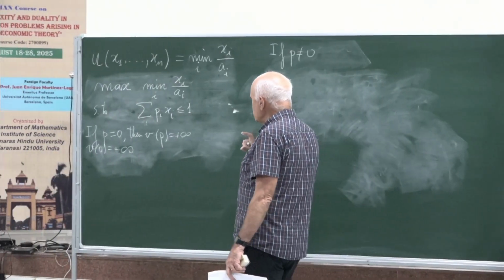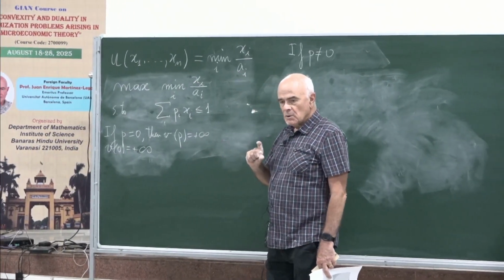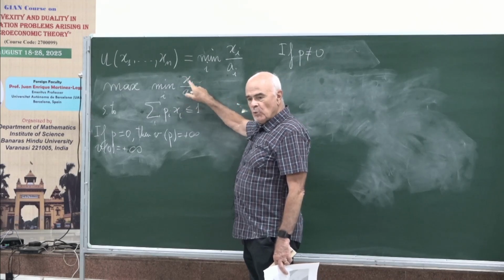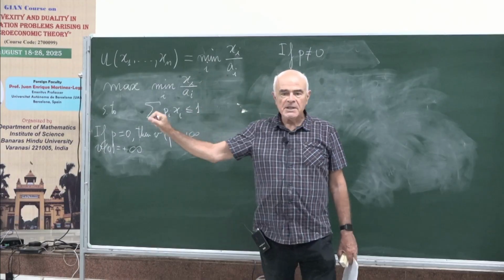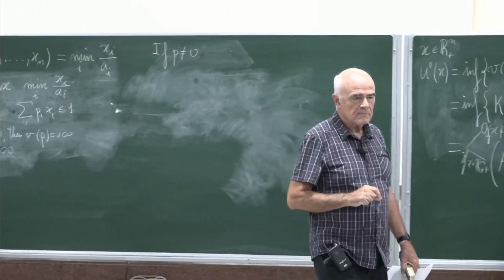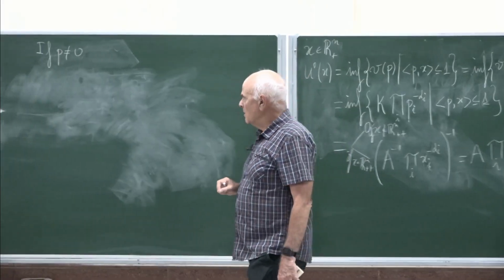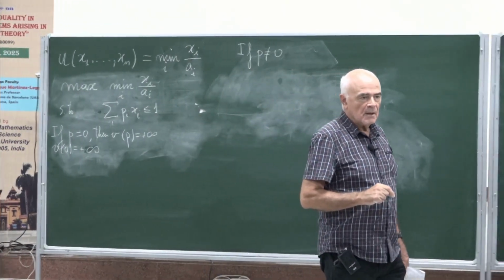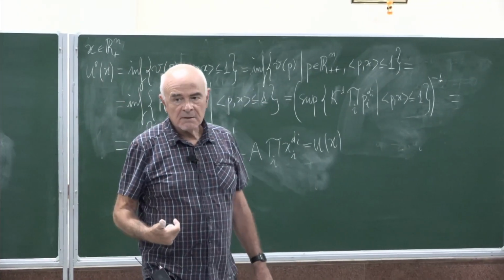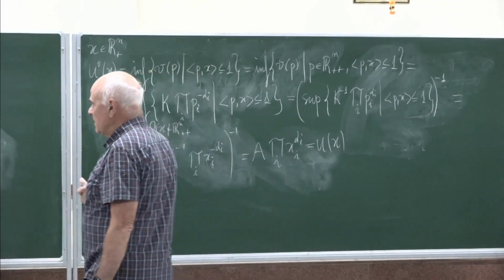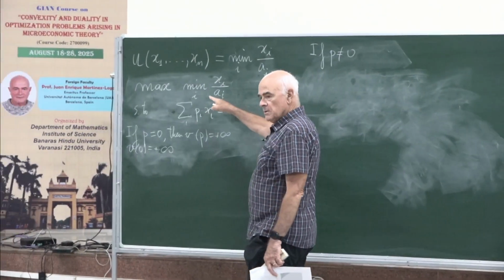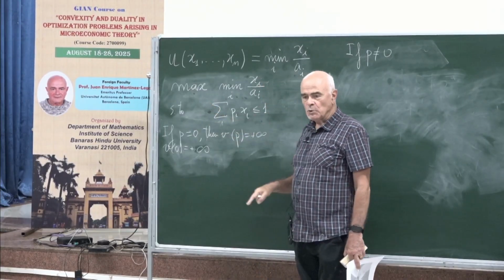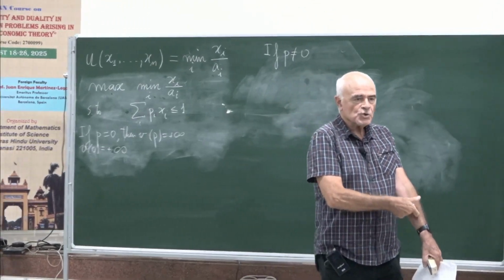I mean, I can restrict my attention to points for which all the x_i over a_i are the same. Suppose you give me one point in which they are not all the same. I will provide you with a better point, better in the sense that the objective function value is larger. We are maximizing, and still my new solution will satisfy your constraint.